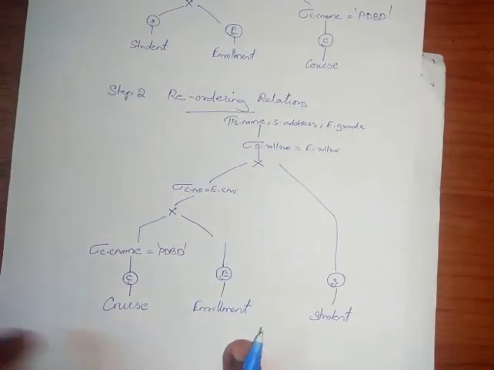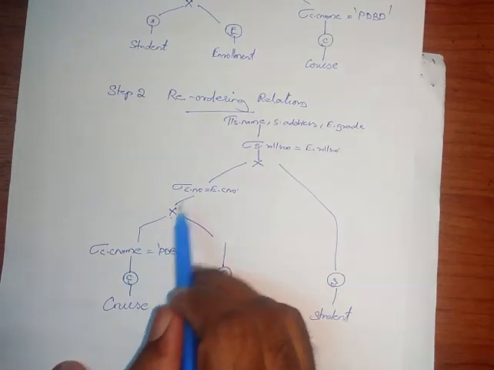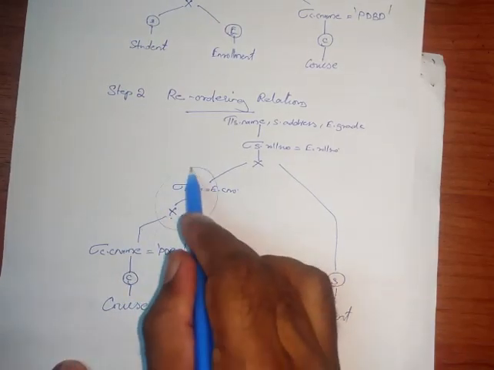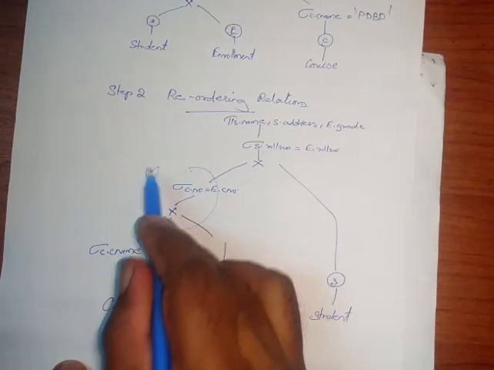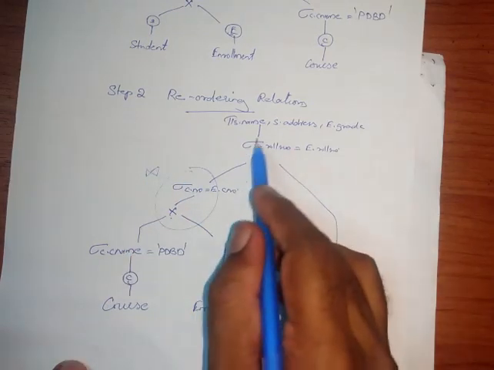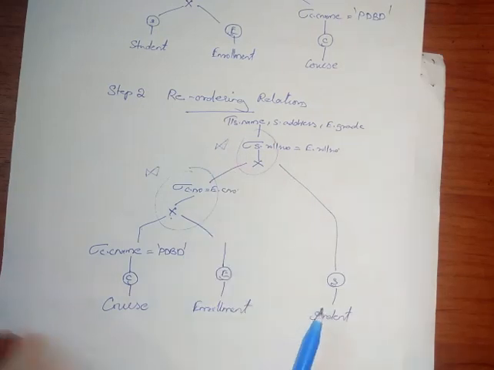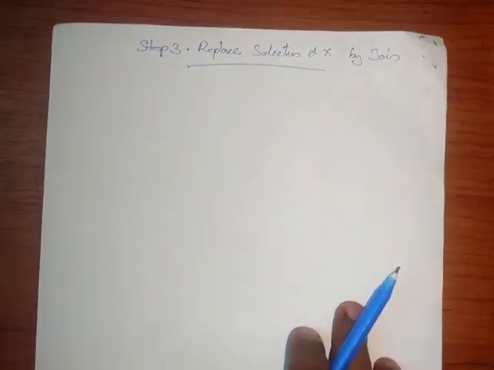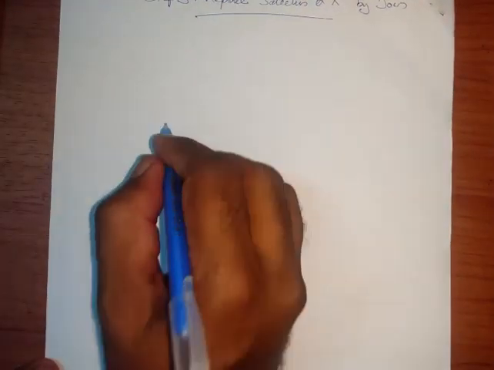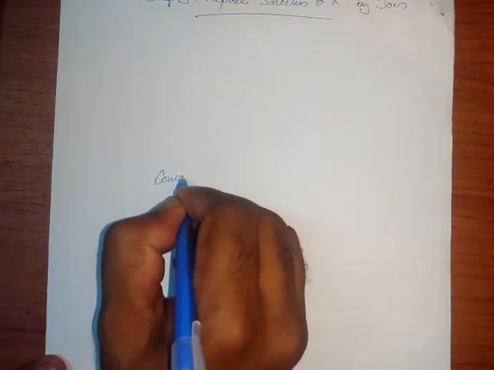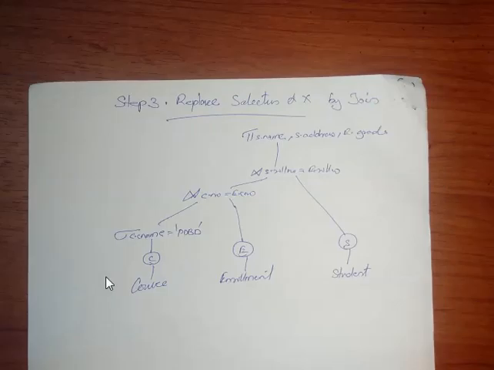Here we have a cross and select, so we will replace it with a join statement. Cross and select is replaced with a join, and here also we have cross and select, which we replace with a join. So that is the third step. It's a simple step. We need to replace the cross and corresponding select with the join statement. So this is the resultant tree.